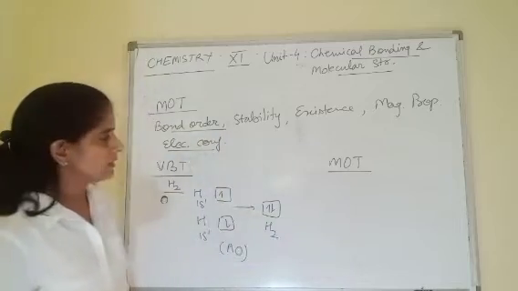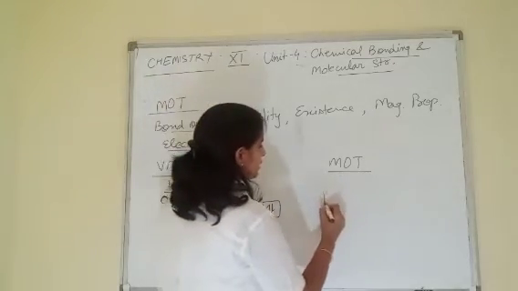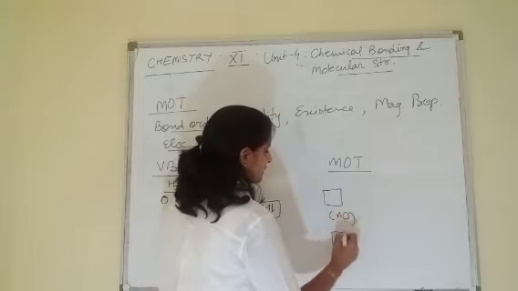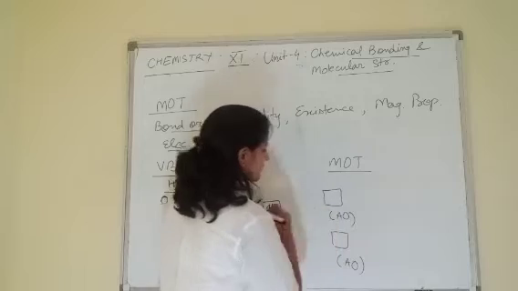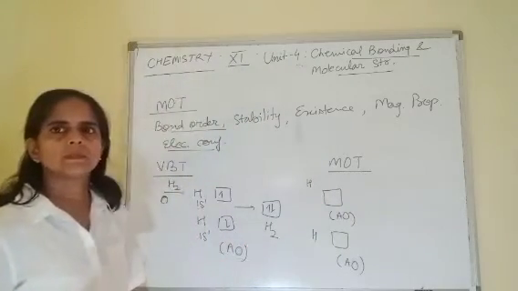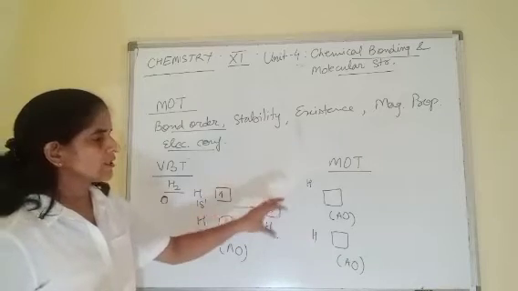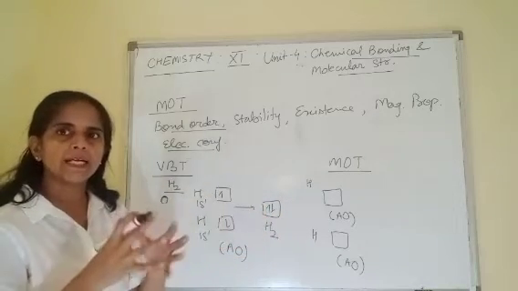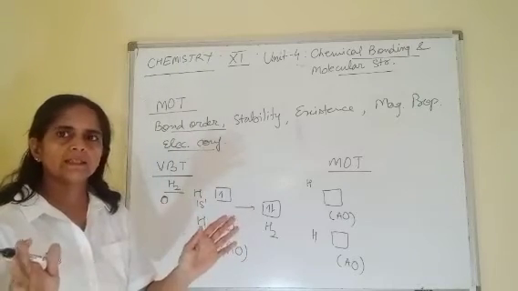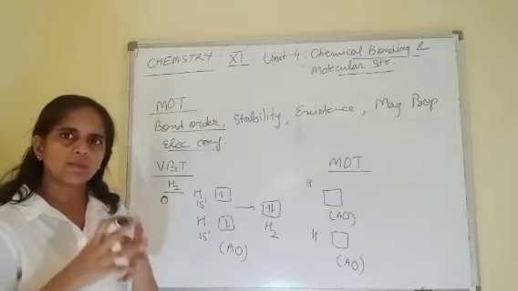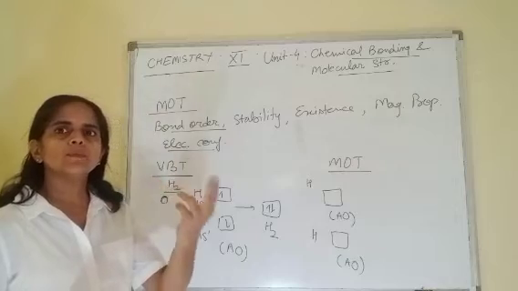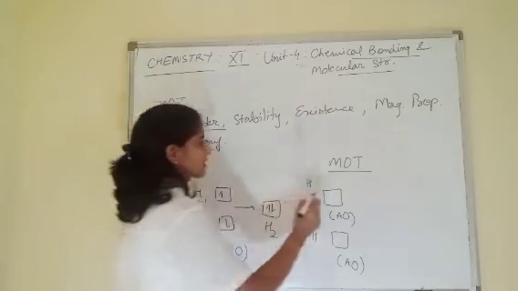Now, what does MOT say? According to MOT, whenever two atomic orbitals, let us again take hydrogen or any other atom, combine together, it doesn't talk about overlapping. There is no meaning of overlapping here. This theory says when these atomic orbitals combine together, they give us two new molecular orbitals.